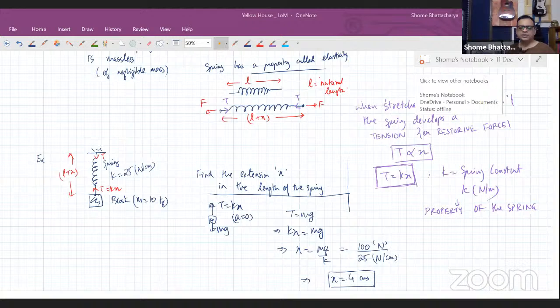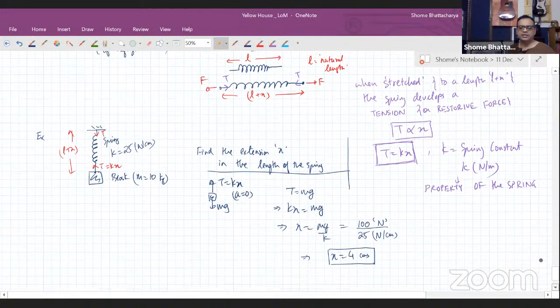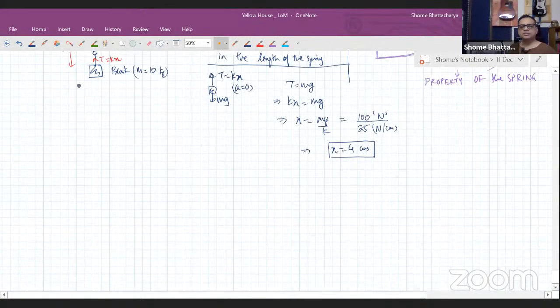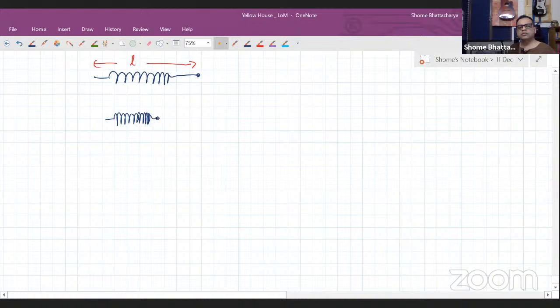Now, just like the spring has the property of developing tension equal to kx on extending it, the same thing happens when the spring is compressed also. So if this is the natural length of the spring, then we can always compress the spring by applying an inward force on it.